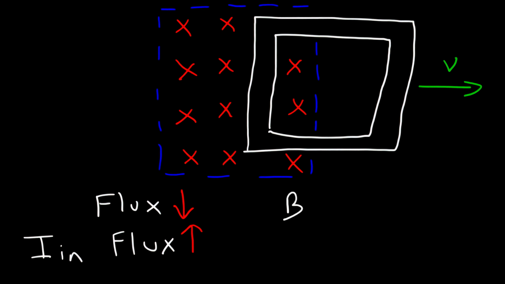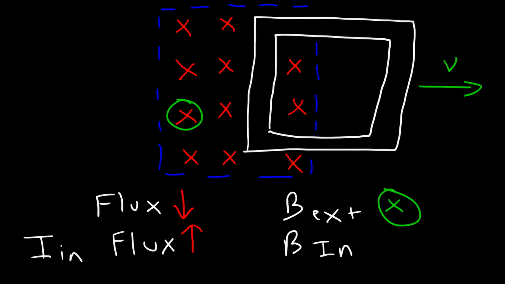The external magnetic field is directed into the page, as we can see by the X's here. And so in order for the induced current to support it, it has to go in the same direction, not the opposite direction as we did in the last example. So it's going to be going into the page as well.